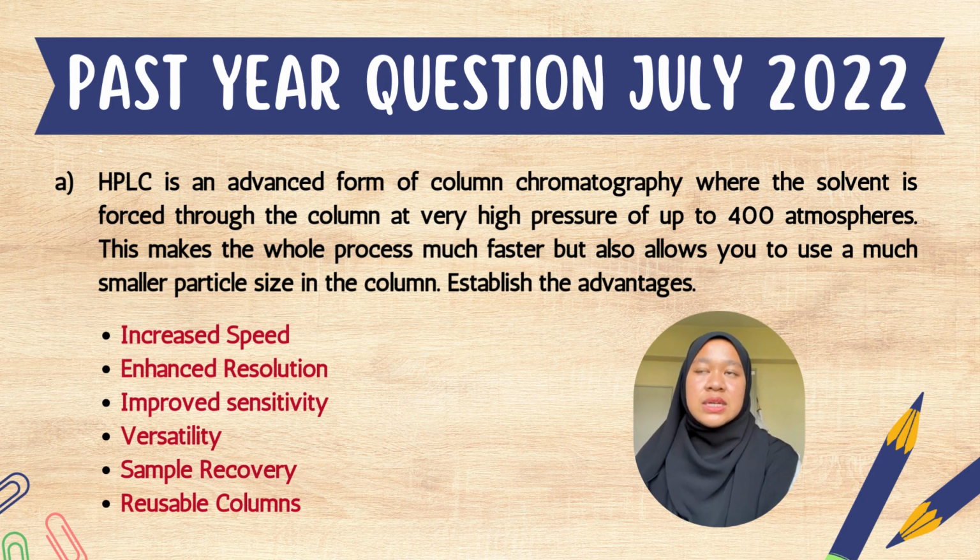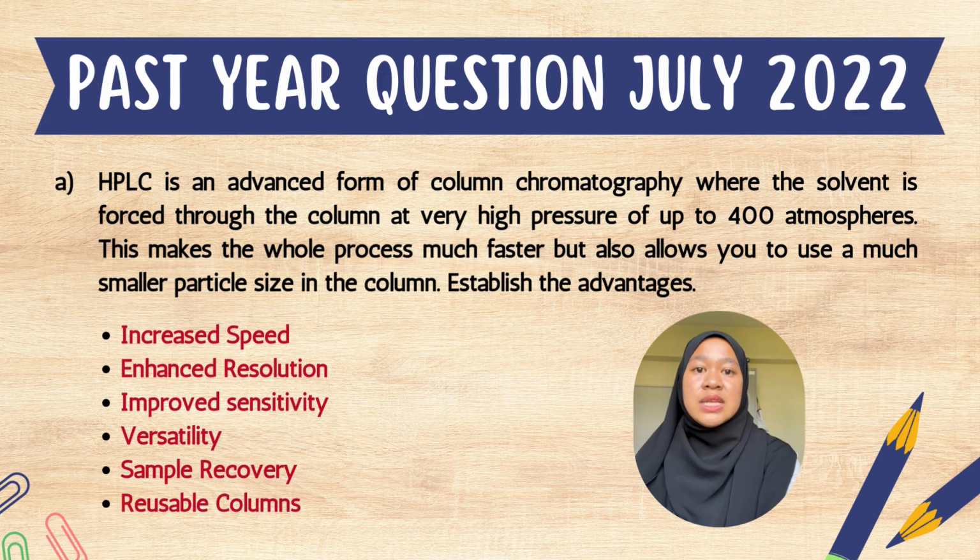Okay, for the answer, HPLC offers a few advantages. The first one is increased speed. The high pressure in HPLC allows for faster separation of compounds compared to traditional column chromatography methods. This results in quicker analysis time, making HPLC a time-efficient technique.